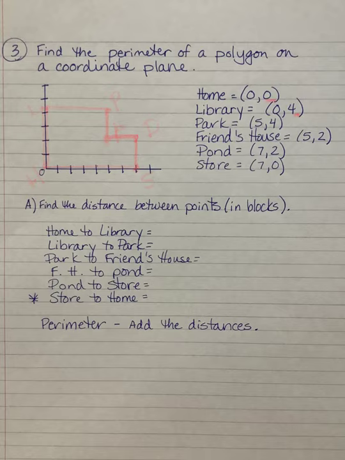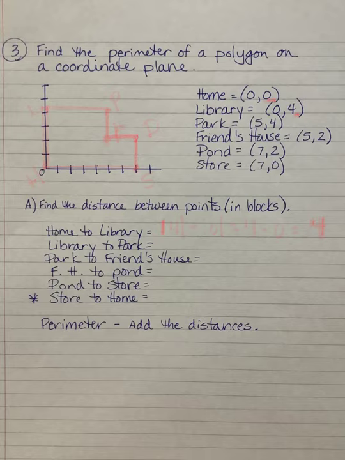The absolute value of 4 minus the absolute value of 0 is 4 minus 0, which is 4 blocks. So it's 4 blocks from home to the library. Again, because they're all positive, you can already figure it out without doing absolute value.